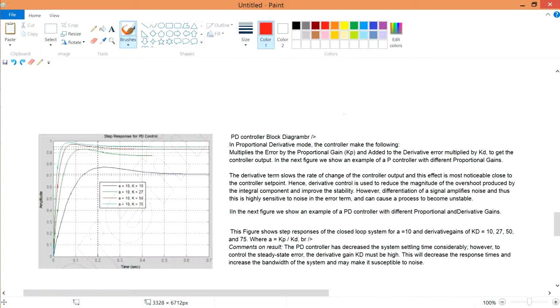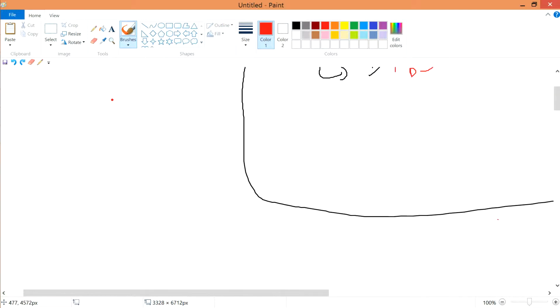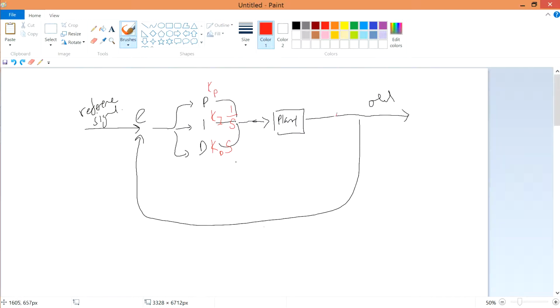However, because your error is mixed, if you were to go all the way back over here, your error itself is fed back with some disturbance also, if you still remember. So the disturbance may actually add up to your error and contribute to your overall system.